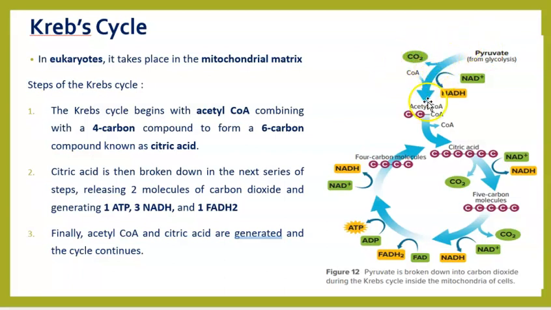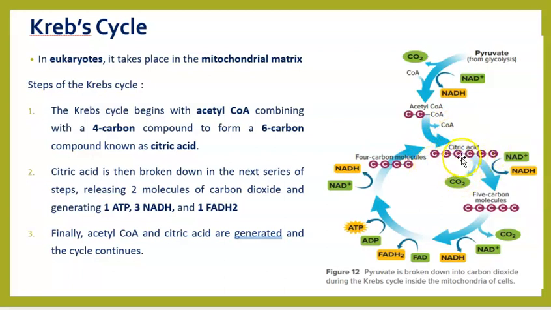The remaining 2 will make a compound called acetyl coenzyme A. Now this acetyl coenzyme A will start combining with a 4 carbon molecule, and there is a lot of chemical reactions happening here which we are not going to discuss in details. So acetyl coenzyme A combines with a 4 carbon compound to form something important which is called citric acid.